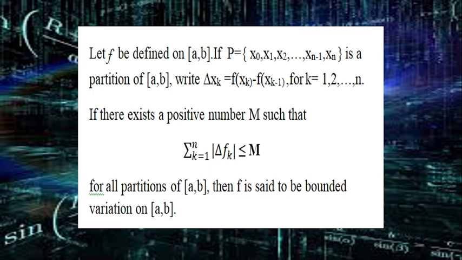If there exists a positive number M such that the sum of all |delta fk| is less than or equal to M for all partitions of [a, b], then the function f is said to be of bounded variation on [a, b].